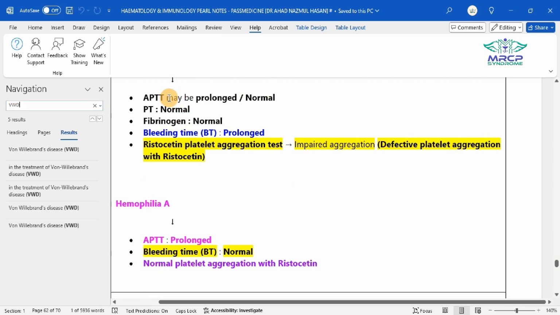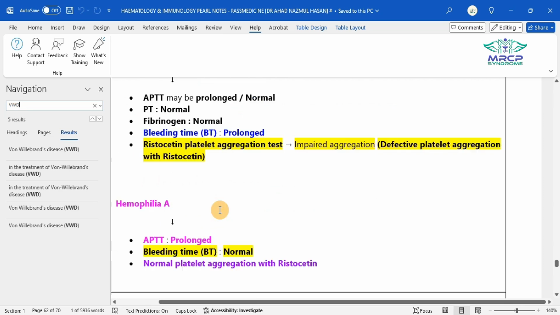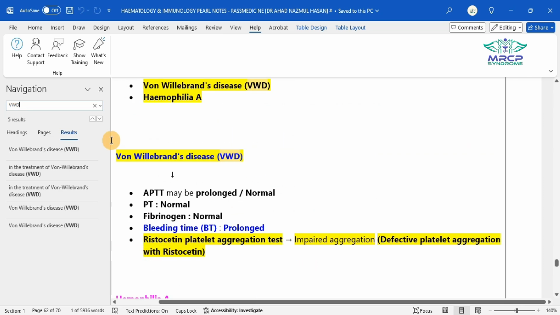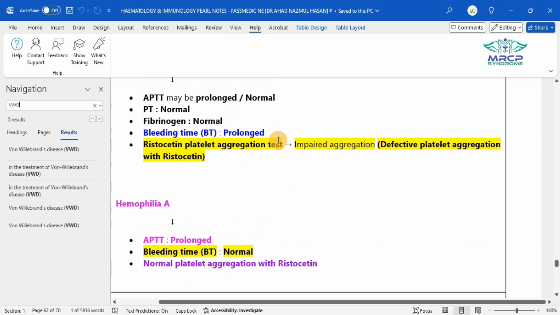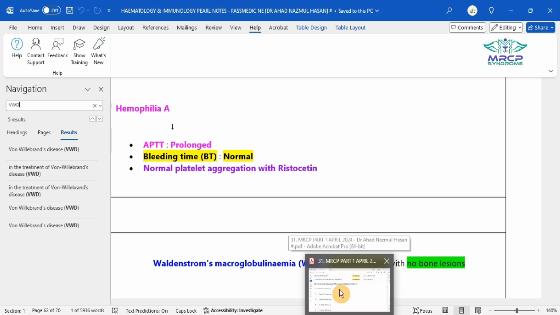So the differentiating point is the PT and the bleeding time. And also since von Willebrand disease is autosomal dominant, it will equally affect both male and female, and hemophilia usually affects the male patient. If you go for the ristocetin platelet aggregation test, in case of von Willebrand disease there will be impaired aggregation, and in case of hemophilia there will be normal platelet aggregation following ristocetin.